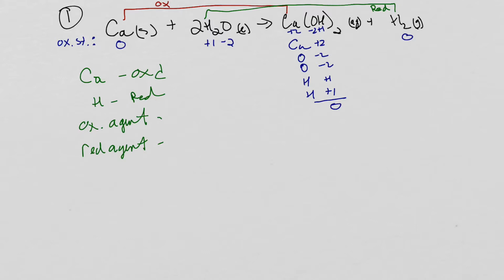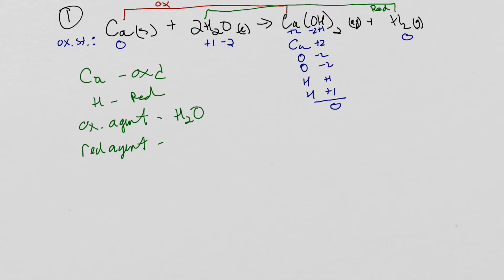So hydrogen is undergoing reduction, so that means the hydrogen is part of the water, so that means my oxidizing agent, which is causing the oxidation, is the water, right? So the water, by the hydrogen being reduced, is causing the oxidation of the calcium.